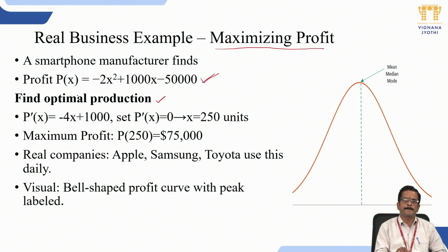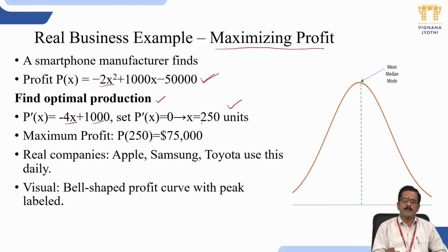Differentiating p of x, you get p dash of x: minus 2x square gives minus 4x, 1000x gives 1000, and minus 5000 gives 0. So minus 4x plus 1000 is the derivative of p of x. Equating the first derivative to 0, we get x equal to 250 units, where x is the number of items the manufacturer has to manufacture.